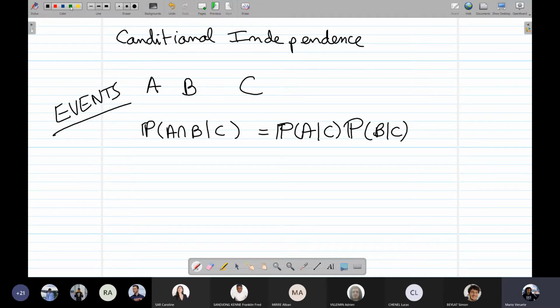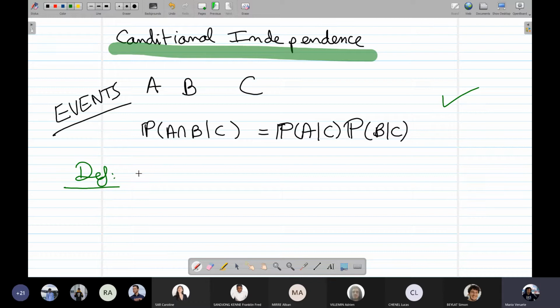Perfect. Now we want to define the conditional independence, not for events, but for random variables. So, Luca, consider that you have X, Y, and Z. Here we are trying to give a definition.